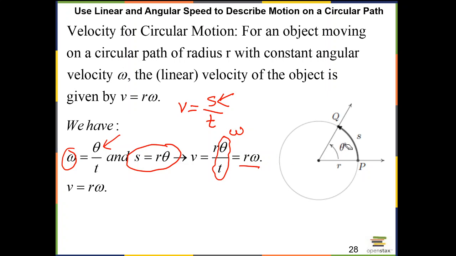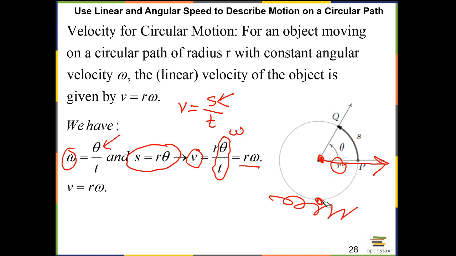So if you know, for example, the wheel's radius, and you know how many turns it goes around, you can multiply and find the linear velocity of a point on it. And if you think of this point as the point that is touching the ground, then the linear velocity of that point is the same as the linear velocity of the wheel moving straight, right?